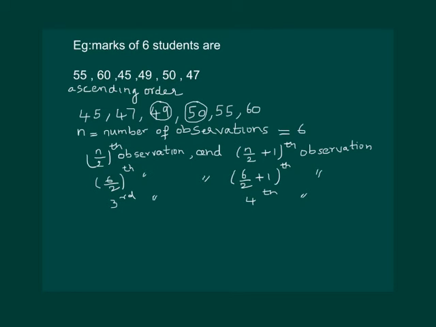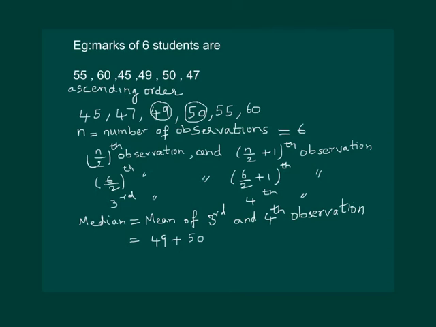Then the median will be the mean of these two observations, that is median equal to 49 plus 50 divided by 2. That means the required median is 49.5.